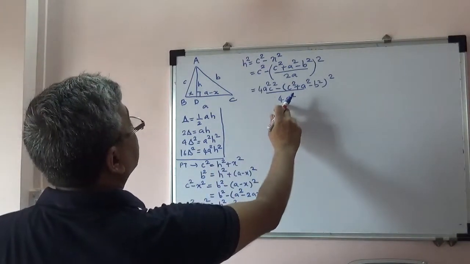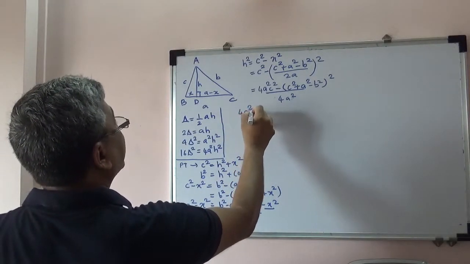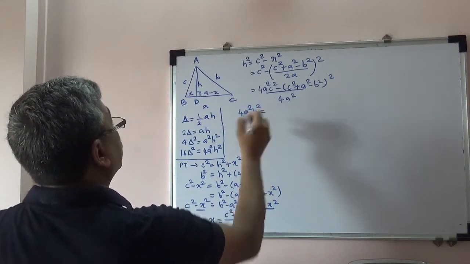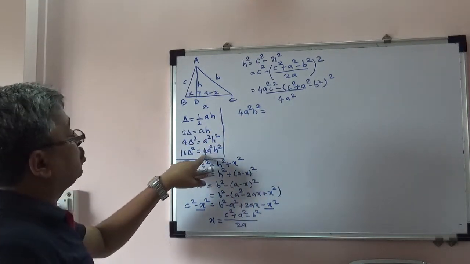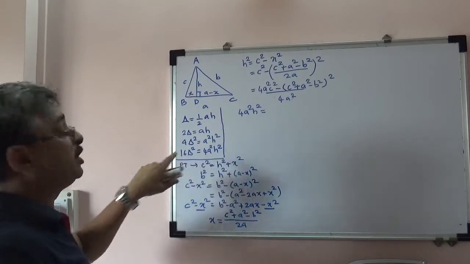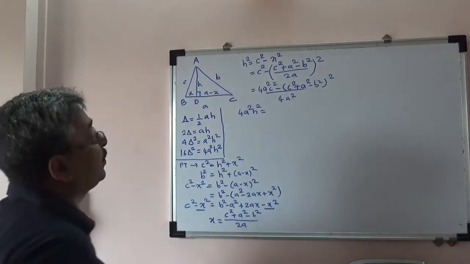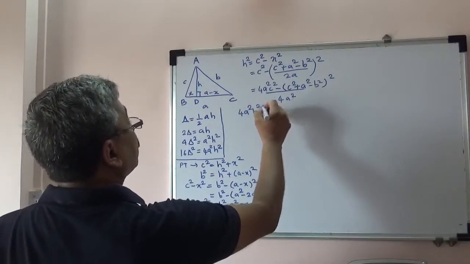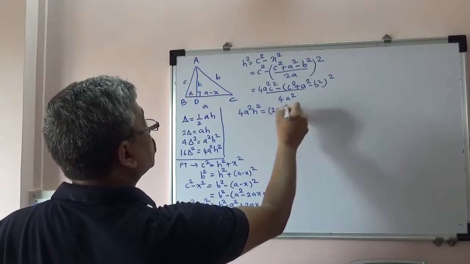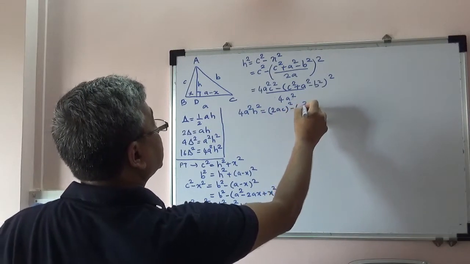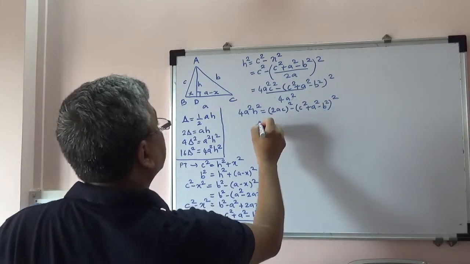Therefore, now we transpose this to LHS, we get 4a square h square is equal to, and now you will realize that this 4a square h square is the 4a square h square here, which is 16 delta square. So in the next step I will write LHS as 16 delta square. What is RHS here? 4a square c square, I can write it as (2ac) whole square minus (c square plus a square minus b square) whole square.